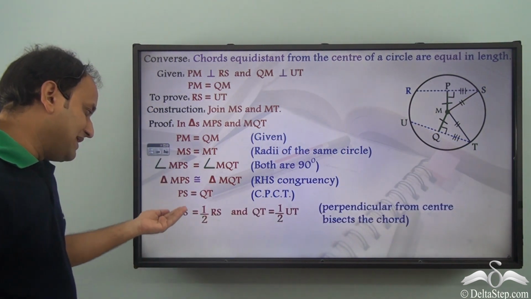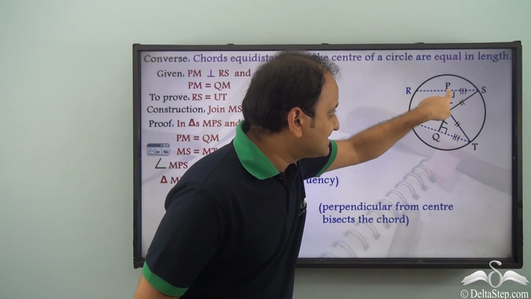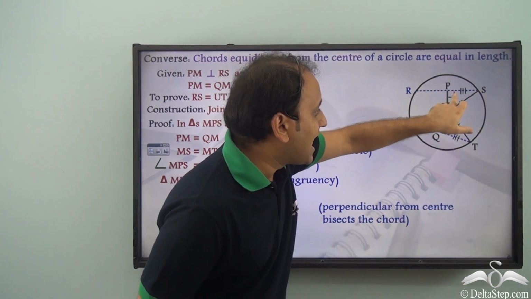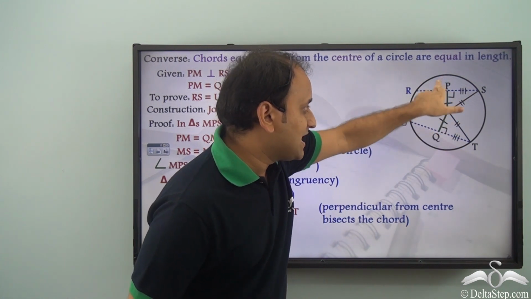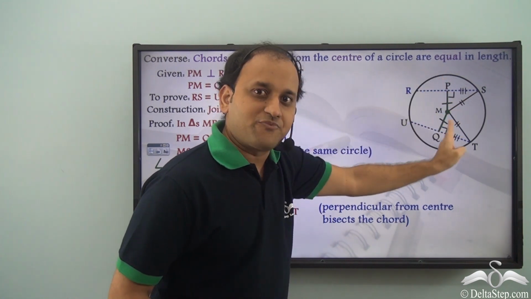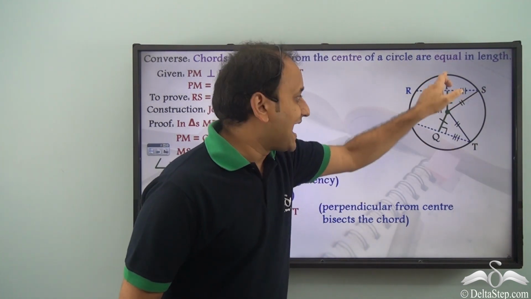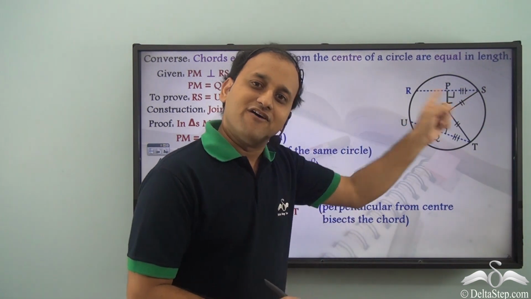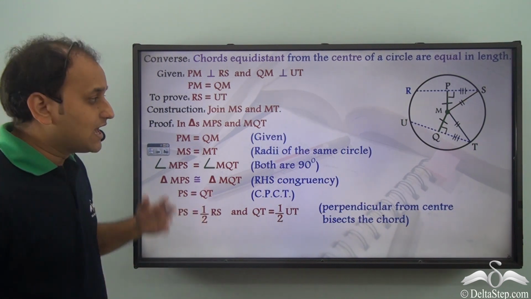Well, we can write PS as half RS because PS is what? It is 1/2 of RS because the line segment PM is a perpendicular drop from the center. So, it will bisect the chord RS at P. So, definitely PS will be 1/2 of RS. So, we can write PS is equal to half RS.